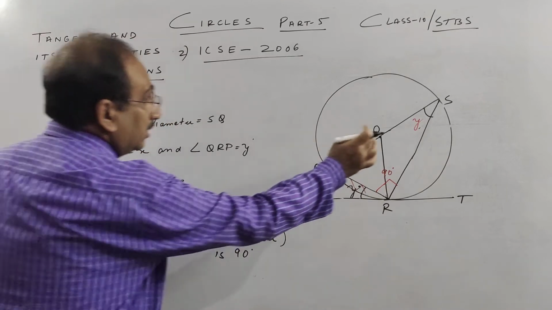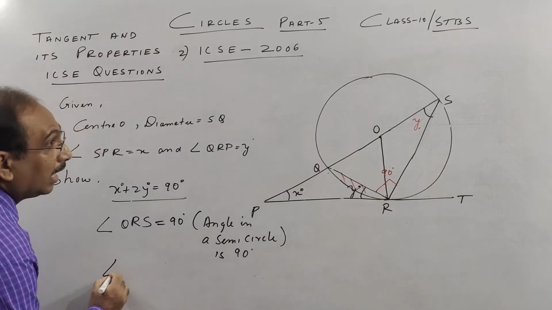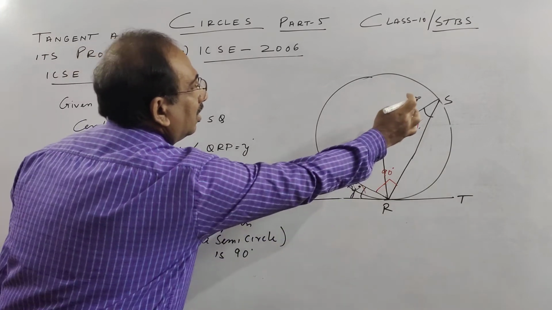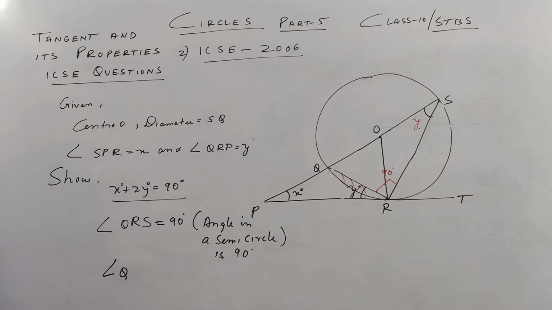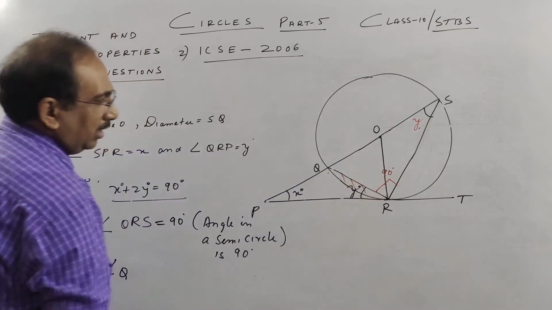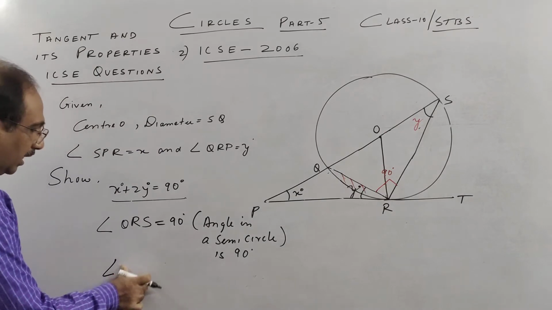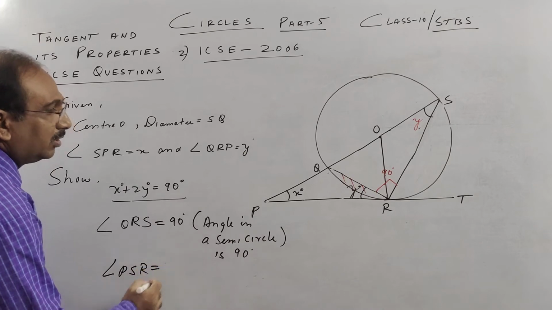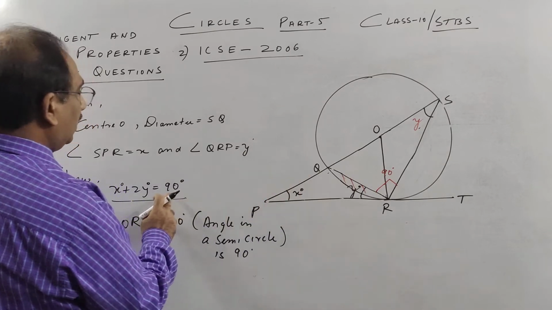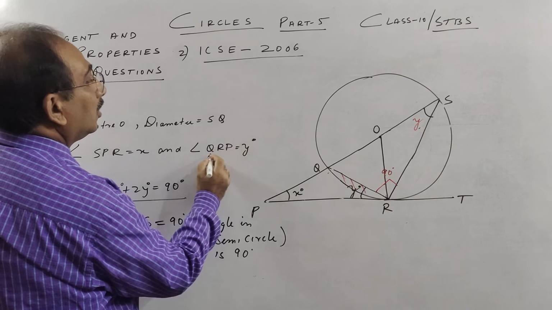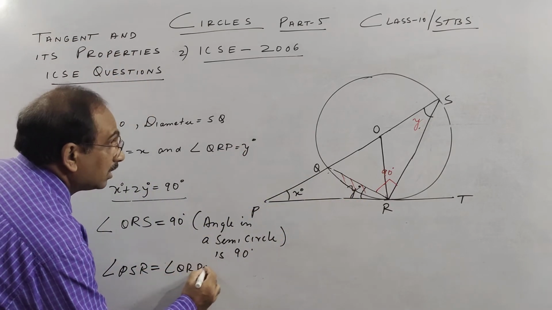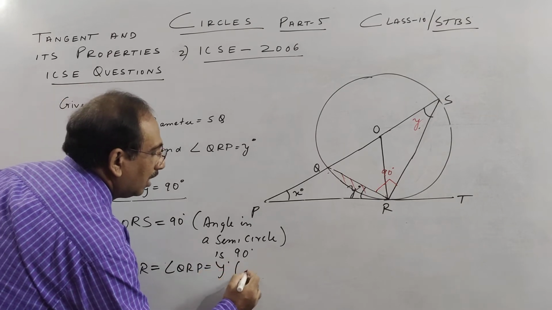Now, very important thing: this angle will be y. How to write? Angle QSR, or you can say PSR, they are the same, is equal to the angle given as y, QRP, is equal to y degree.